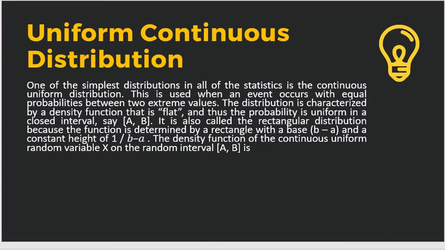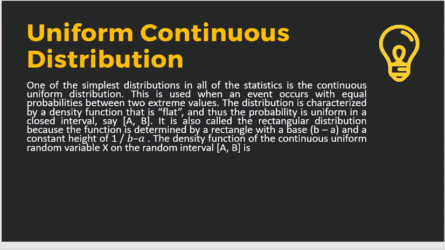It is also called the rectangular distribution because the function is determined by a rectangle with a base of b minus a and a constant height of 1 over b minus a. This is the density function of the continuous uniform random variable x on the interval a to b.